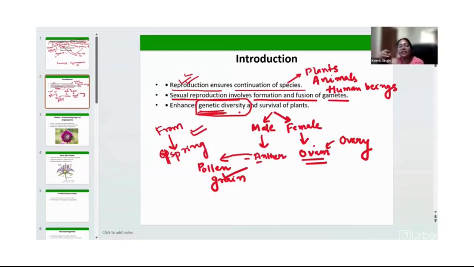But the internal composition, the skin, the characters which are controlled by genes, lead to this genetic diversity. This will also happen in plants, where the genetic makeup will change slightly from the parents. This creates a diversity that will help in the survival of the plant.